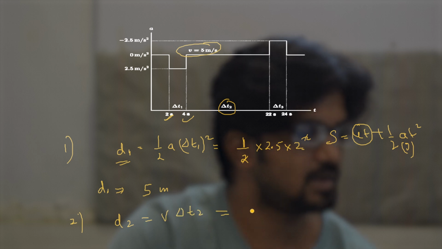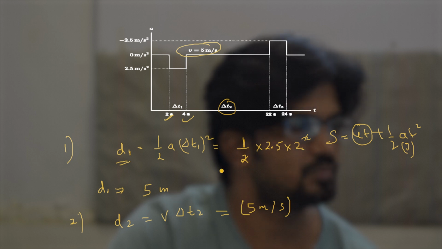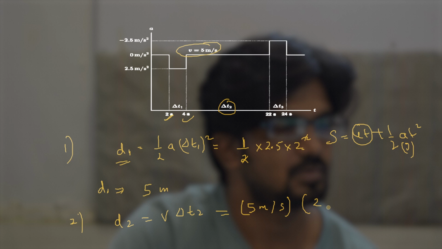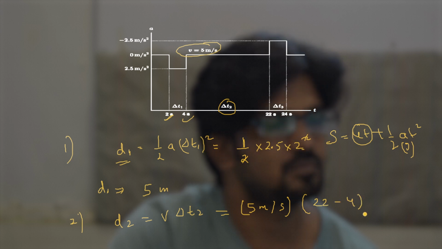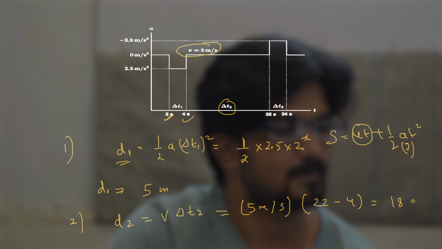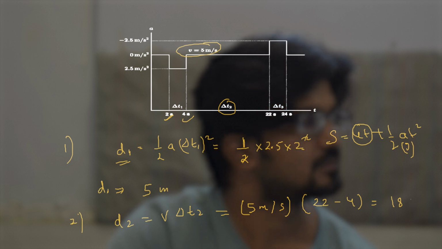So v is 5 meters per second, times delta t2, which would be 22 minus 4, which is 18 seconds.